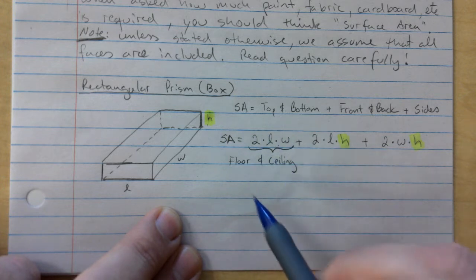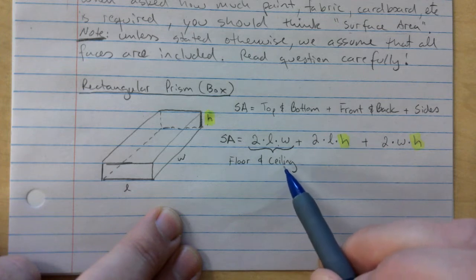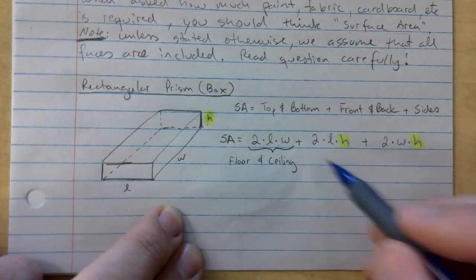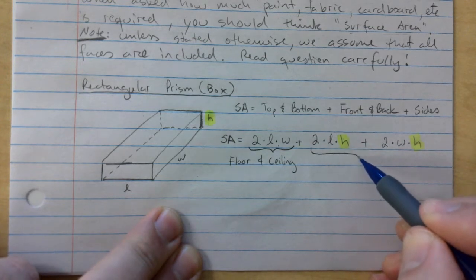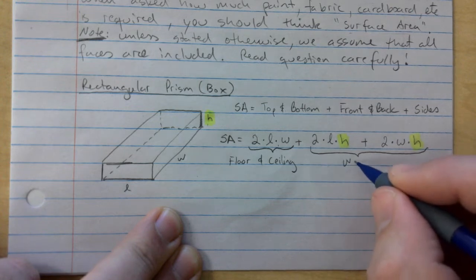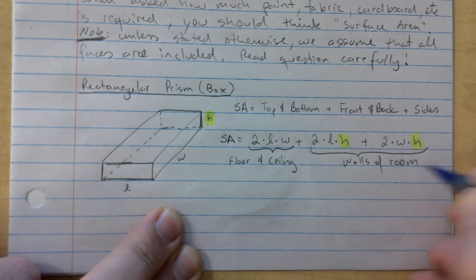But most of the time we definitely don't paint the floor. Sometimes we paint the ceiling, right? So you need to be aware of that. And these two expressions towards the end of that formula would be considered the walls of the room. Okay?